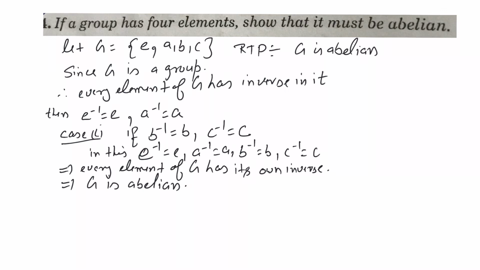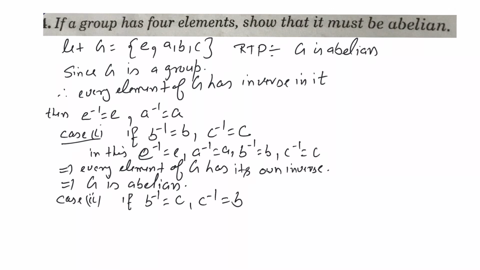Case number 2: if B inverse is equal to C, C inverse is equal to B. Now this is the cross case.